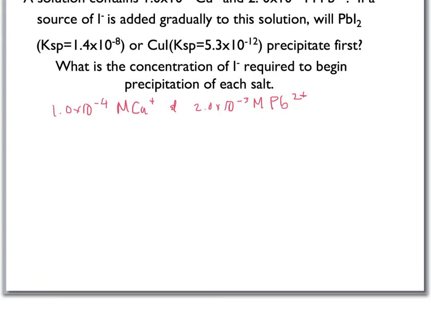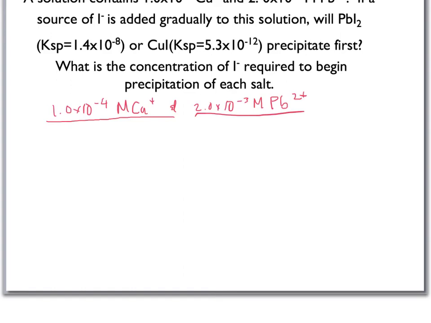Last problem. Now this problem has to do with a common ion, and I know you can't see the top line, so I'll read it out to you. It says a solution contains 1.0 times 10 to the negative 4 molar copper 1 ions and 2.0 times 10 to the negative 3 molar lead 2 ions.